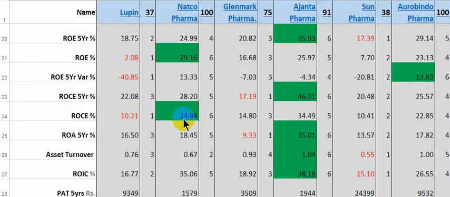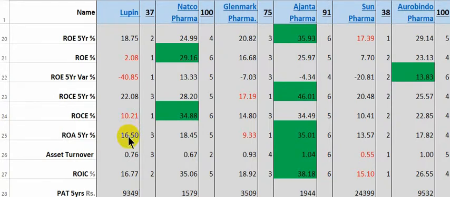Now what happens is when 1 year figure or a net profit value of a company is disturbed or falls, or there is a reduction in the net profit, then it automatically affects most of the ratios. So that is what has happened with Lupin, wherein in the recent 12 months its profit has fallen substantially from the 2018 value.